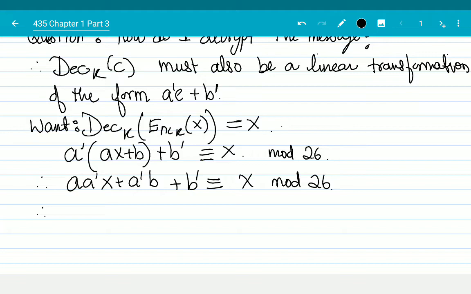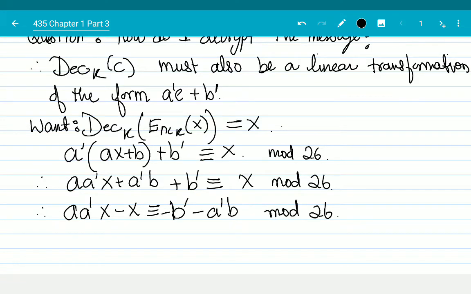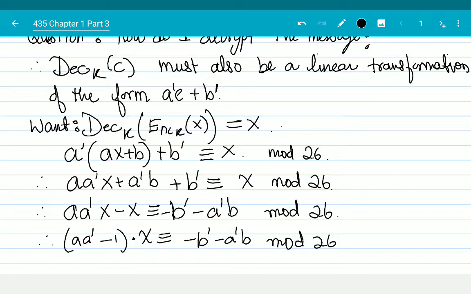And therefore, a prime a x minus x is congruent to minus b prime minus a prime b mod 26, right? Which is to say a prime a minus 1 times x is congruent to minus b prime minus a prime b mod 26.